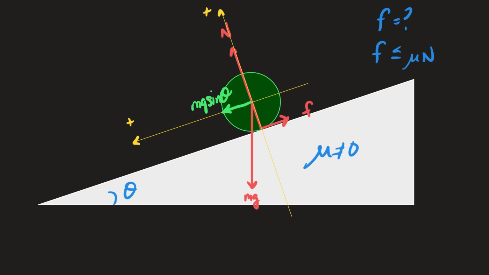And I have a similar component into the ramp, like that I will call mg cosine theta. And there we go.